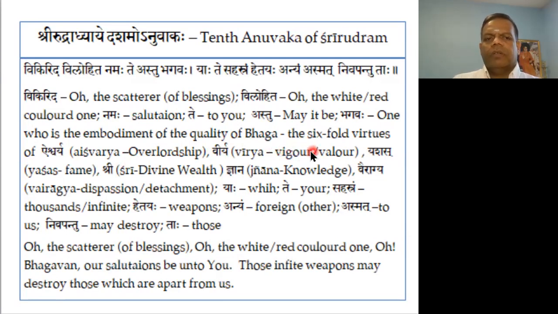Bhaga, as we looked at last time, comprises six qualities, six-fold virtues. One is Aishwarya, the quality of Ishvara, the Lord of everything, who possesses everything. Overlordship is the word I will use here. Virya is the second. Virya means vigor, valor, virility.